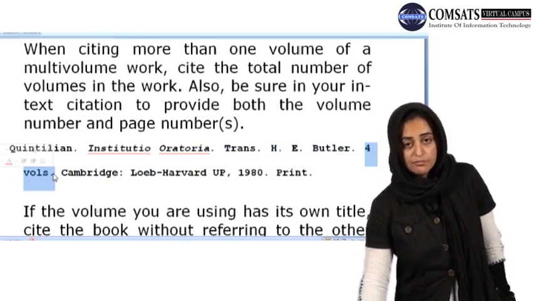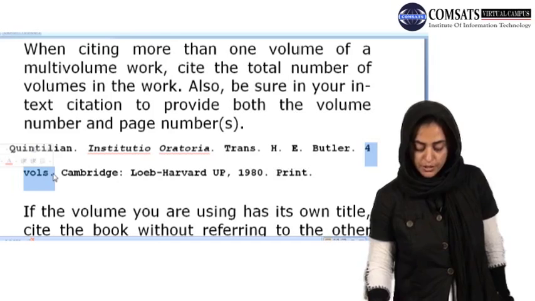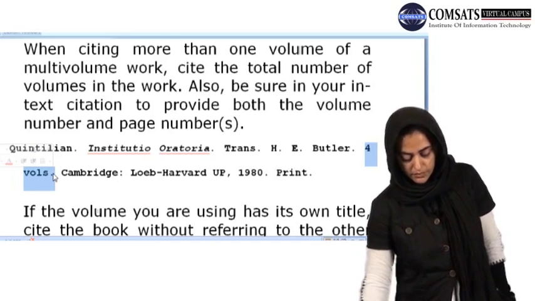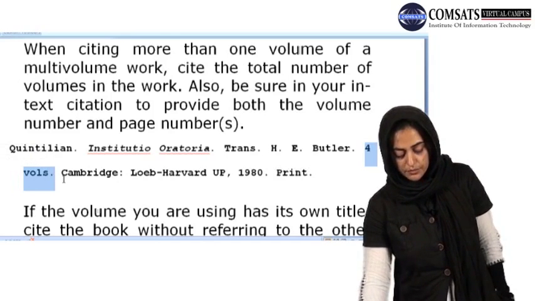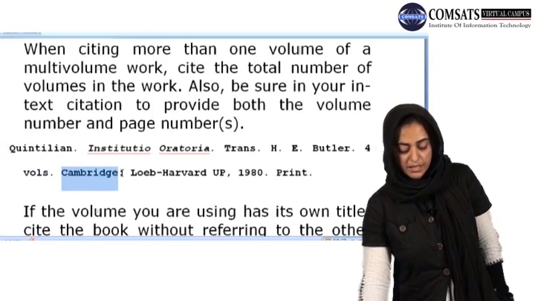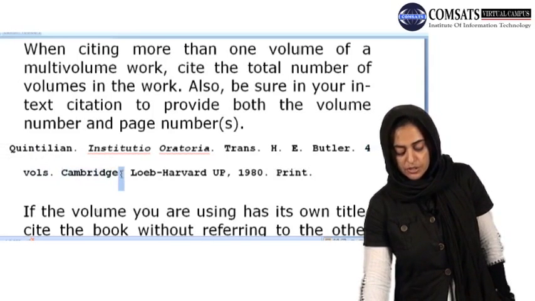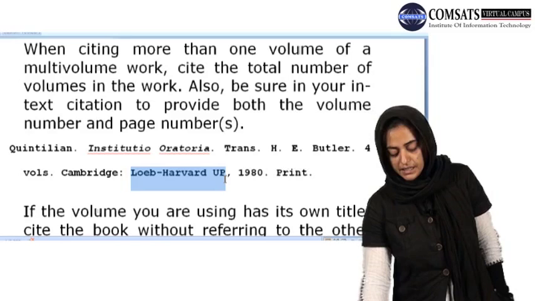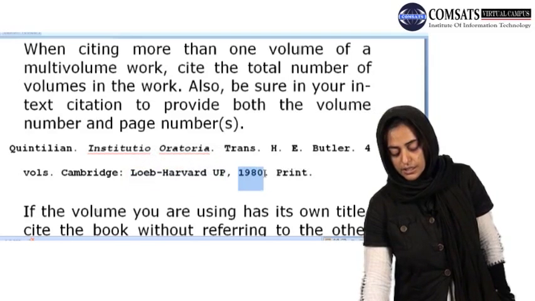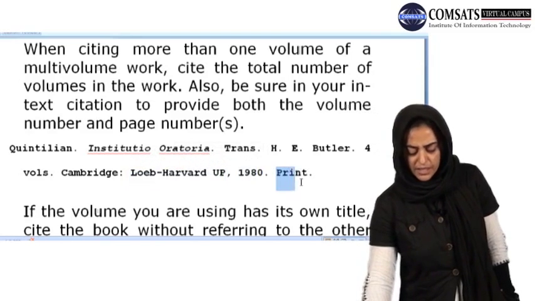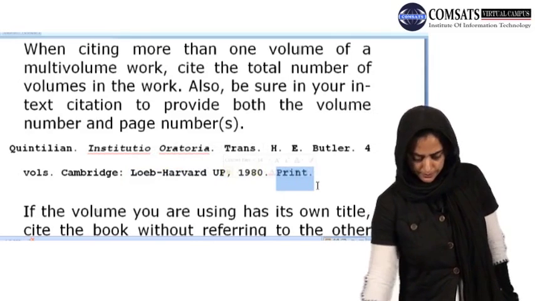You have consulted 4 volumes of this book. After that, you can see the city of publication, then a colon, then the publisher's name, then a comma, 1980, the year of publication, then a period, then the medium of publication, that is print. After that there is a period.